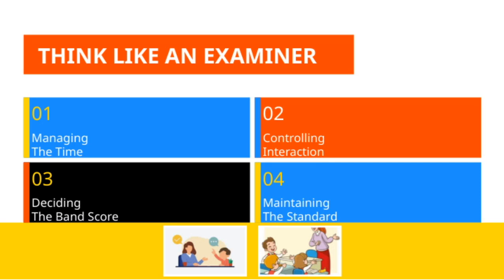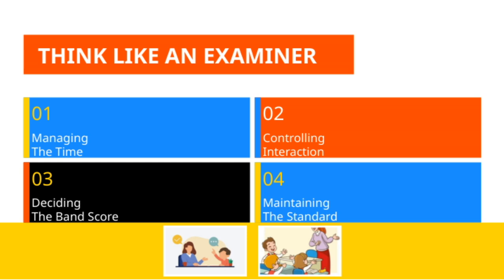All right, let's take a closer look at slide 6. Here, we're focusing on maintaining the standard. This is about ensuring that your performance stays consistent throughout the exam. It's not just about hitting a high score once, but about sustaining that quality. Next, we have deciding the band score. This involves understanding what score you need to achieve your goals and making strategic choices on how to approach each task to reach that target.